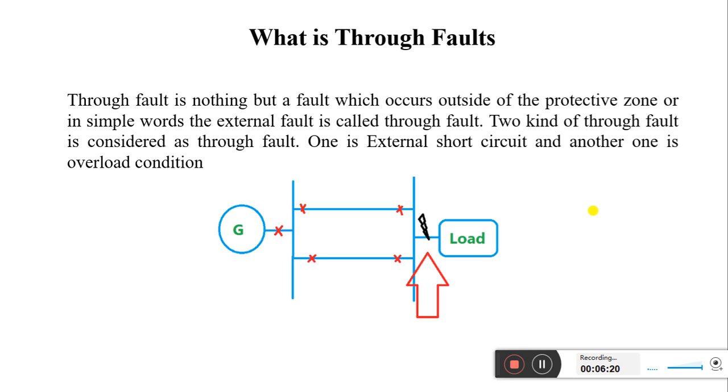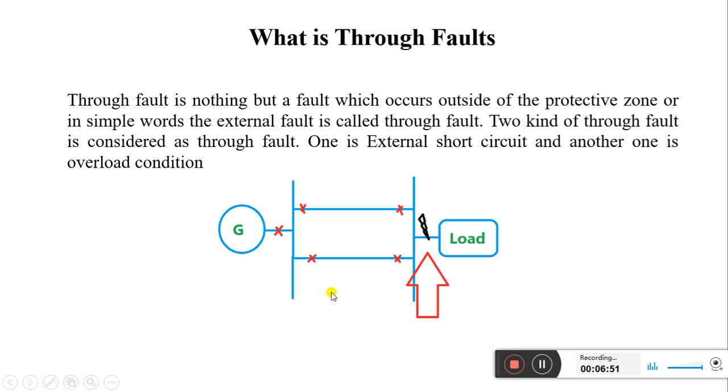Two kinds of faults are considered through faults. One is external short circuit and the other is the overload condition. For example, let us see: this is a generator and this is a load and this is a protection zone. For the generator, this is a relay which protects the generator, and on the right-hand side there is a load connected.